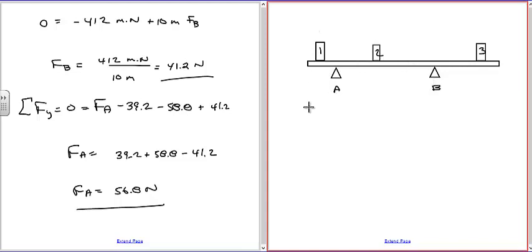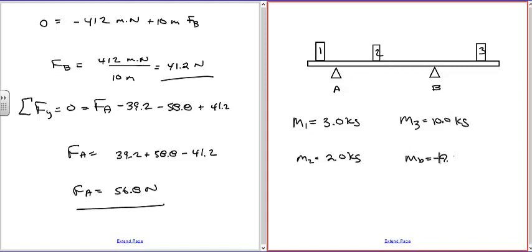So let's write them down here. M1 is 3 kilograms. M2 is 2 kilograms. M3 is 10 kilograms. And M for the beam is 7 kilograms.